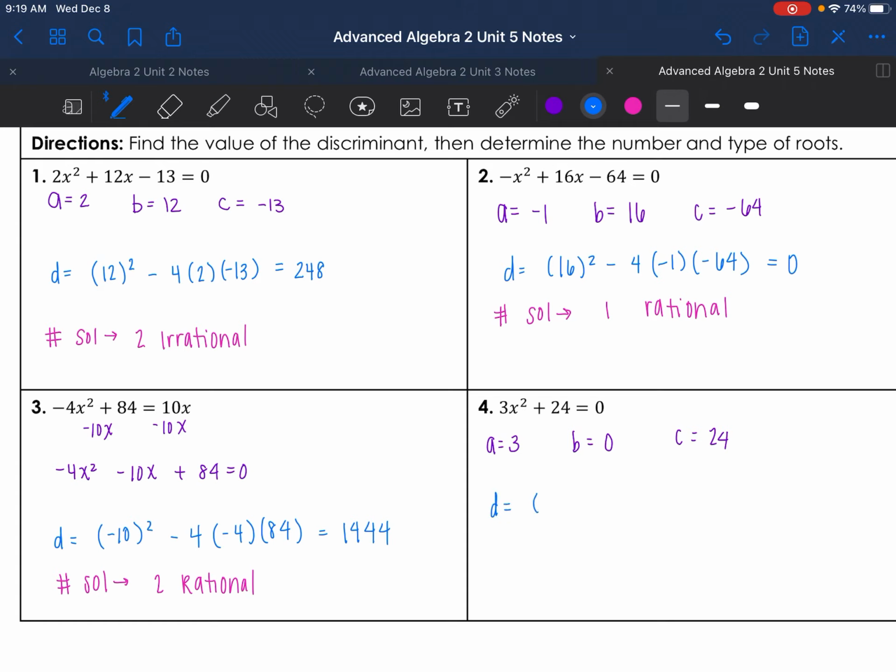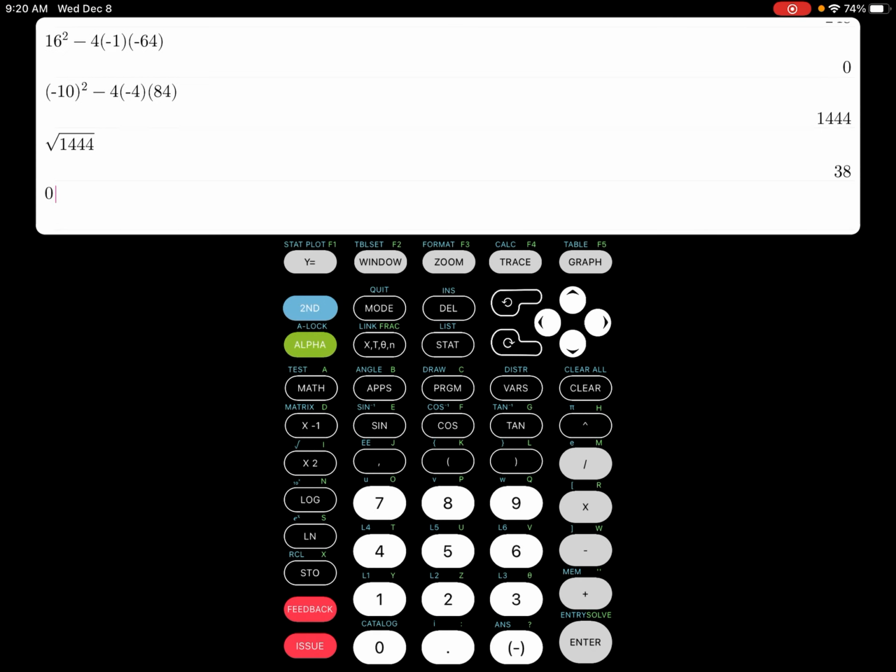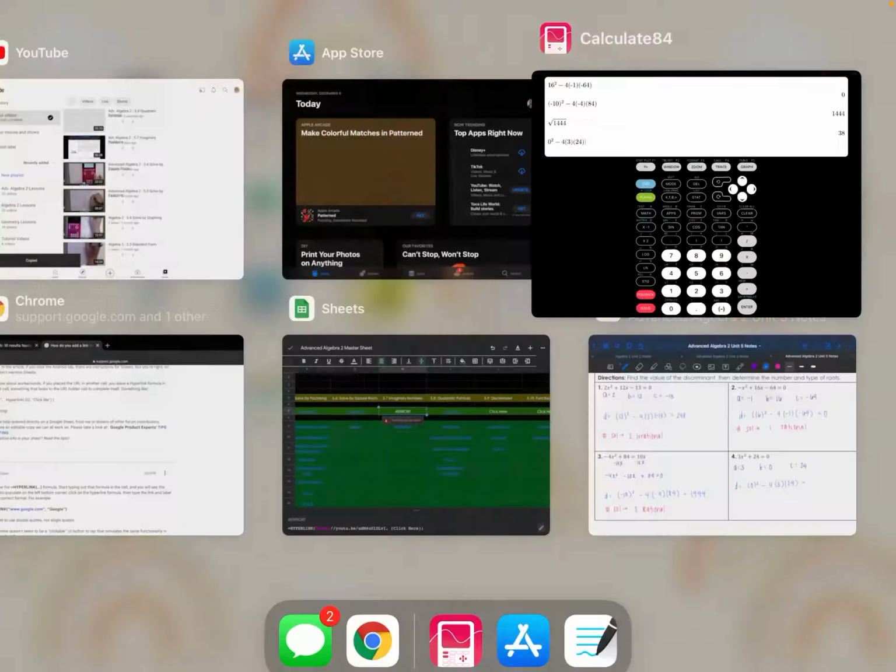So the discriminant, b squared minus 4 times my a, which is 3 times 24. So 0 squared minus 4 times 3 times 24.